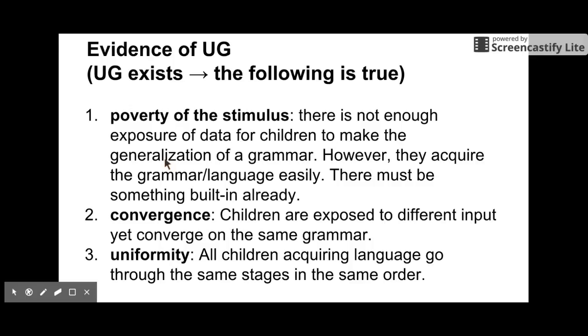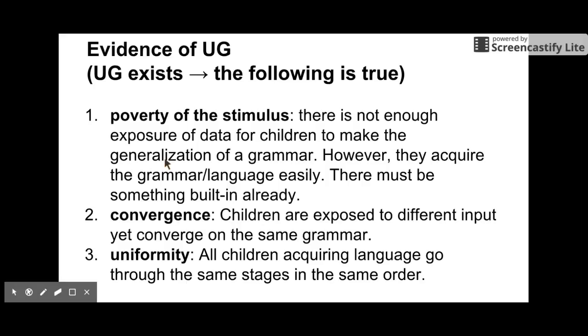So, for example, child A grows up in family A, and the data that he has is all from family A. And another child, say B, is in another family, and all the data he got is different from the data that child A has.